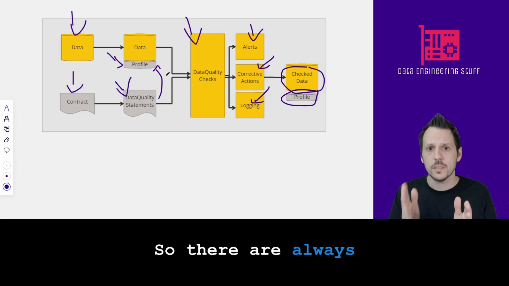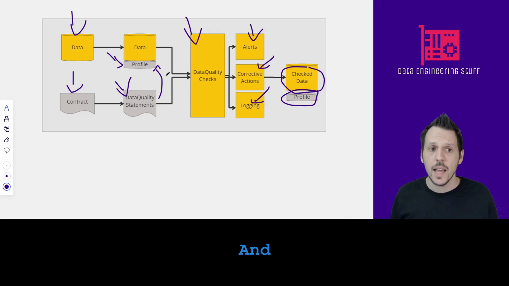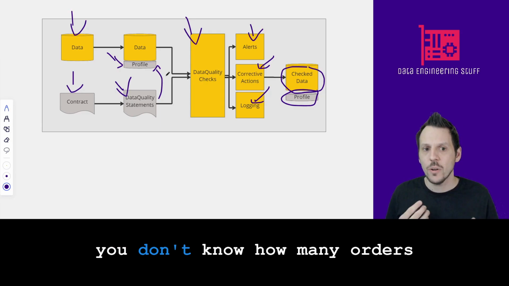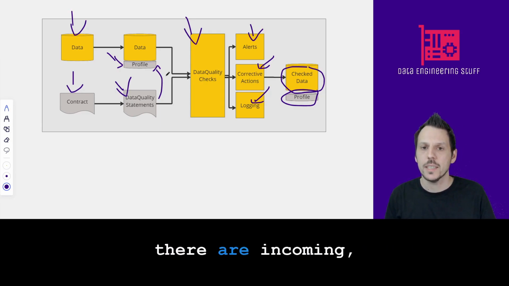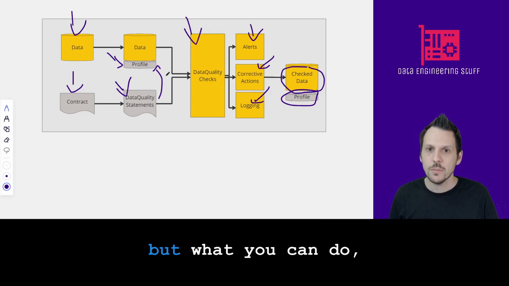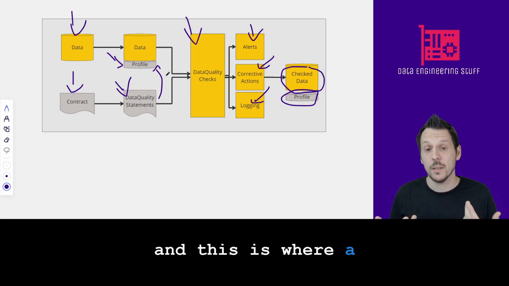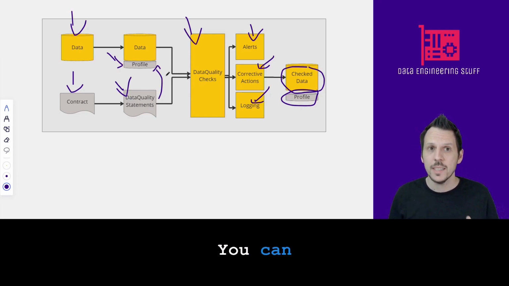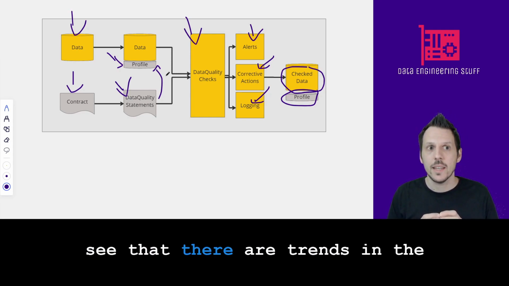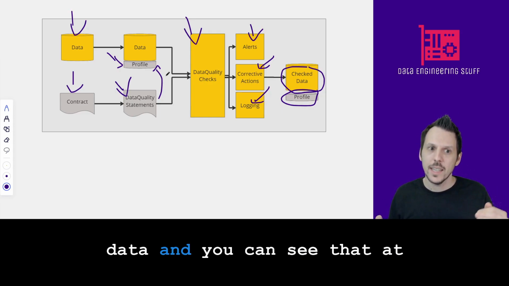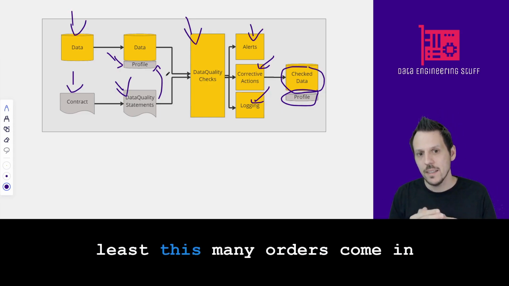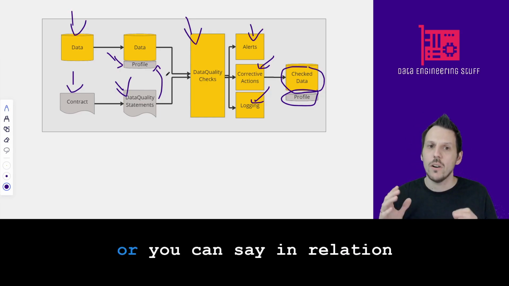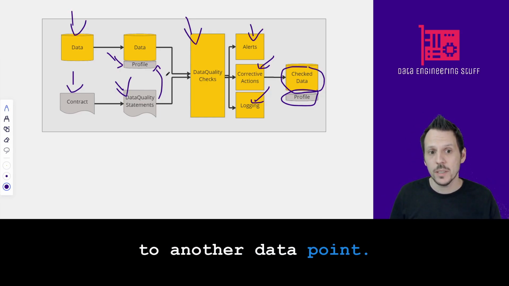So there are always orders coming in, and you don't know how many orders there are incoming, but what you can do, and this is where a profile helps you, you can see that there are trends in the data, and you can see that at least this many orders come in, or you can say in relation to another data point.